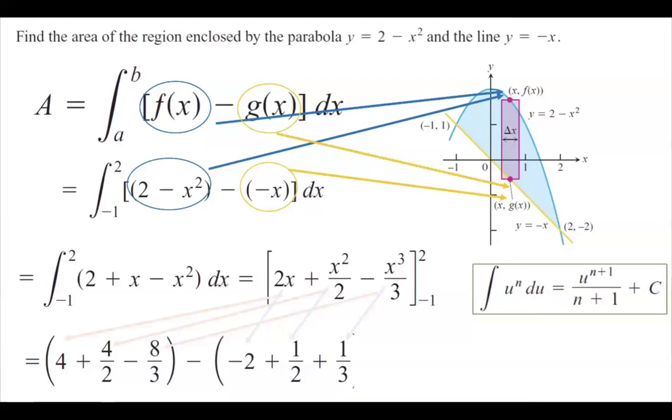You have two negative signs, so it becomes positive. And when you do the calculation, it is 9 divided by 2. So this is the area bounded between these two functions. This is the simplest calculation for the area bounded between two functions.